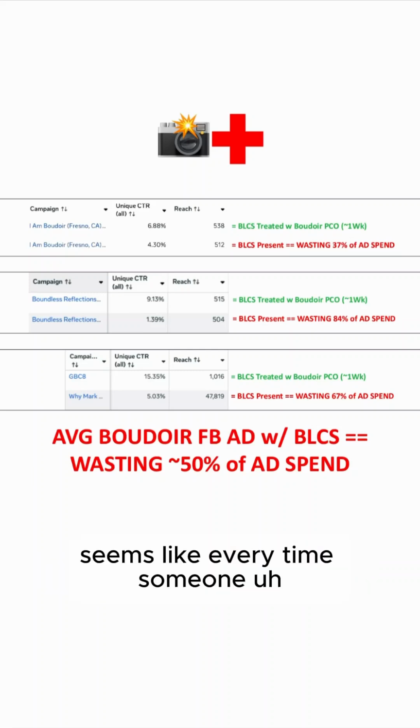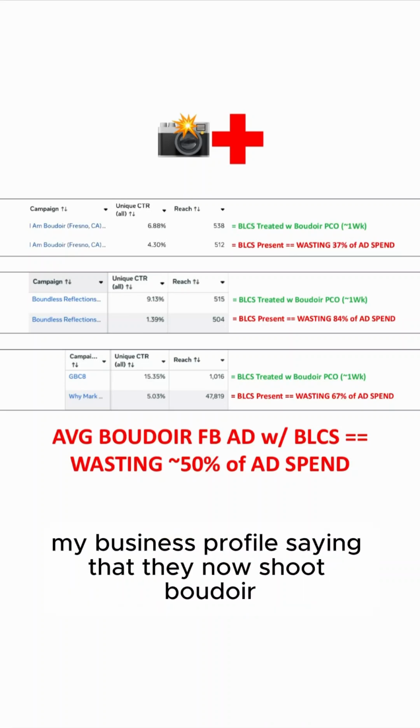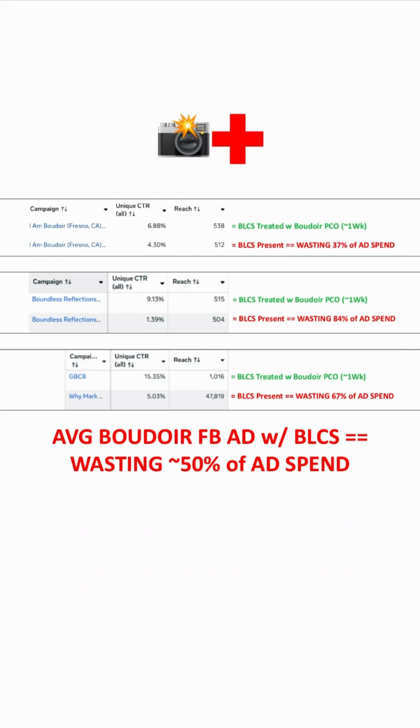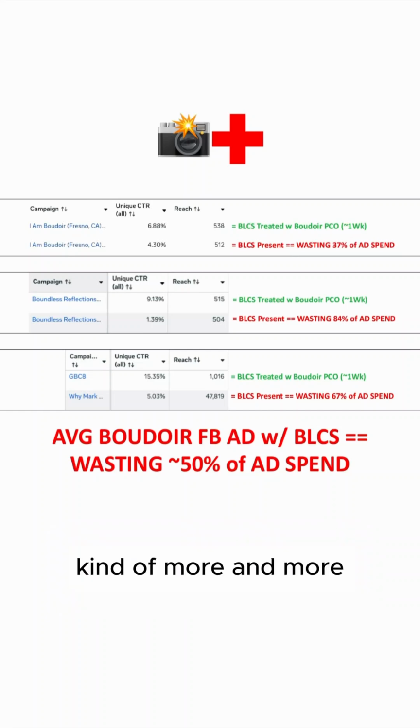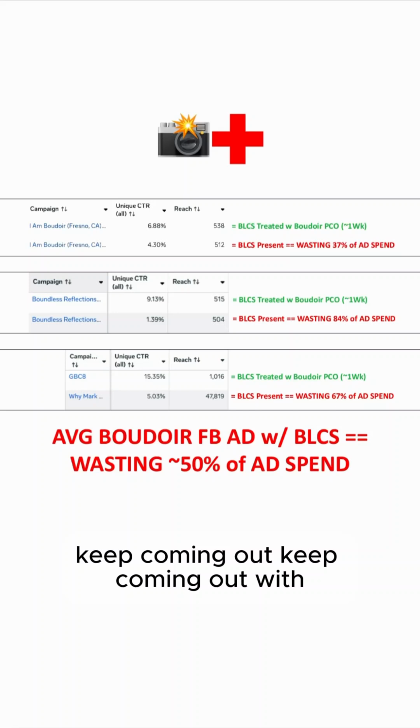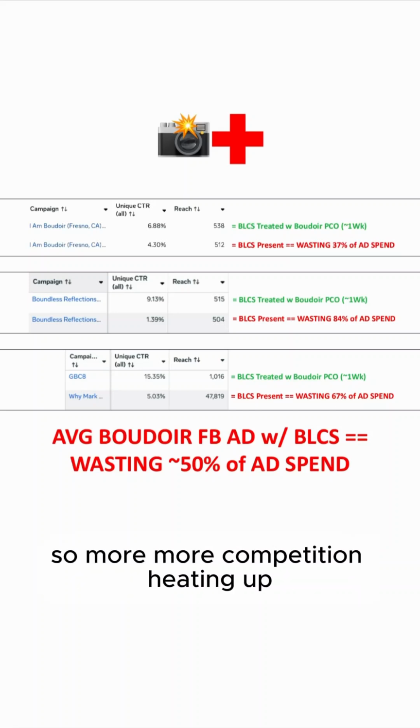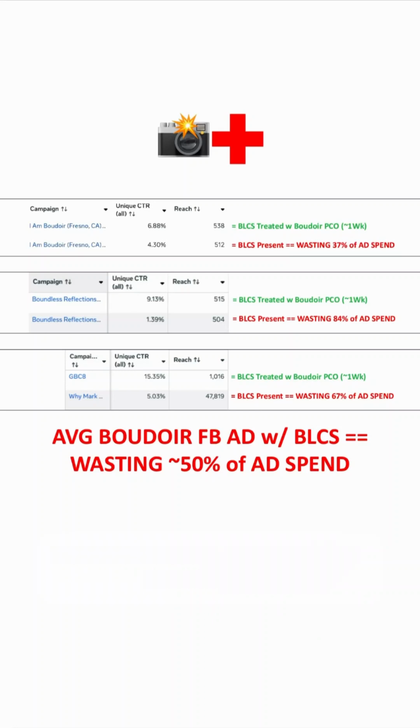Seems like every time someone gets a new iPhone, they're throwing up their Google My Business profile saying that they now shoot boudoir, or they get a new camera, now they're in the mom groups saying they shoot boudoir. More and more boudoir photographers keep coming out with basically the same number of buyers, so more and more competition heating up.